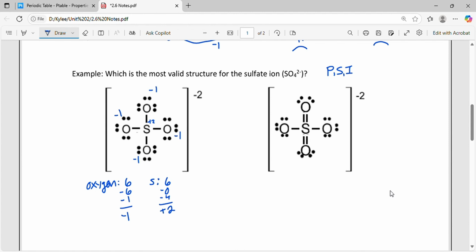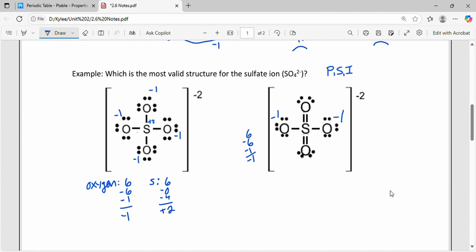So for this oxygen on the left, it's going to be similar to what we saw in the first example because it has 6 valence electrons, 6 lone pair electrons and 1 bond, so it's going to have a -1, as will the one on the right, because it's exactly the same.